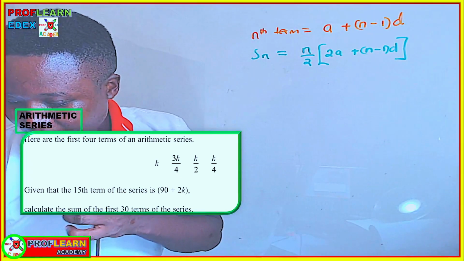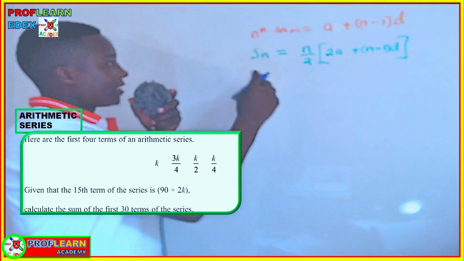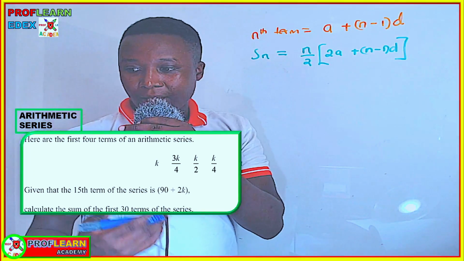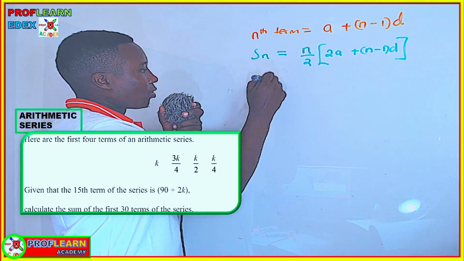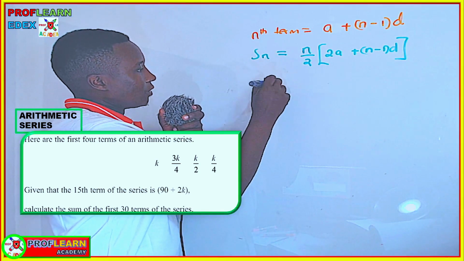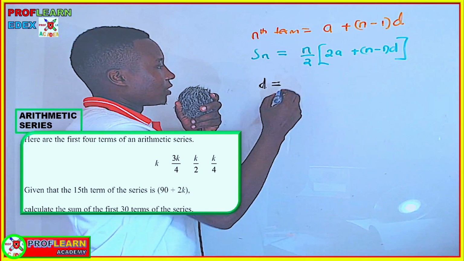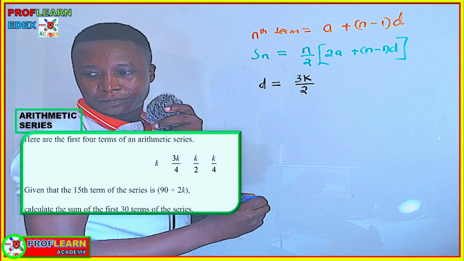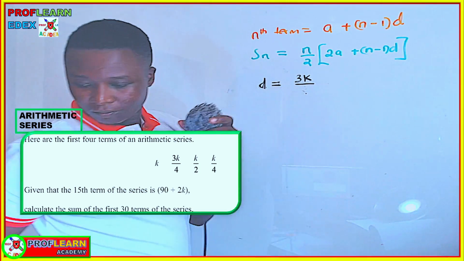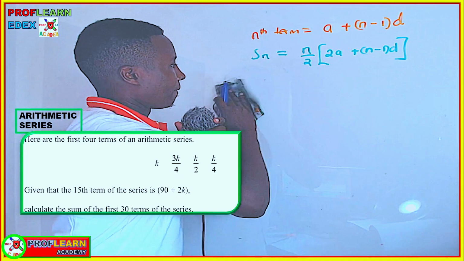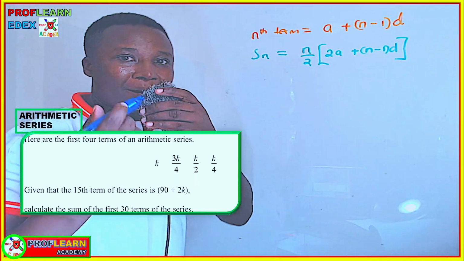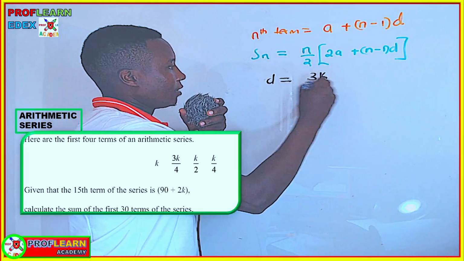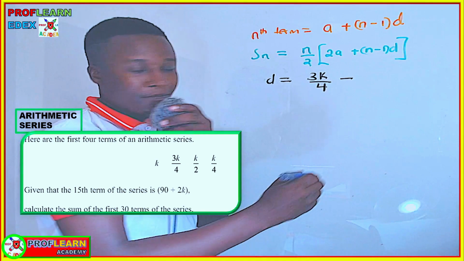Since in this particular question we are given k, 3k over 4, k over 2, and k over 4, we can say the common difference d is going to be 3k over 4 minus k.